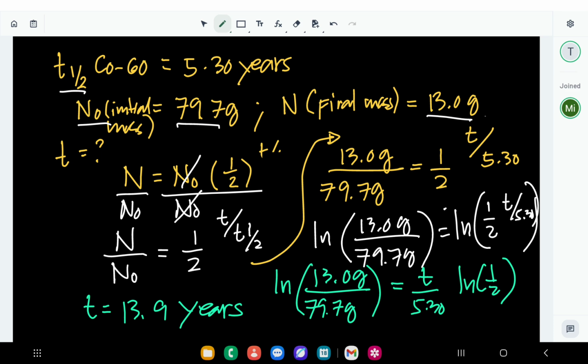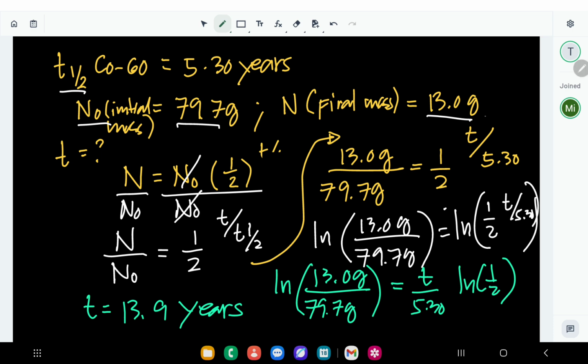Let us calculate this again. ln of 13 divided by 79.7. Then times 5.3 divided by ln of 1/2, which is 0.5. Okay, maybe 13.86.